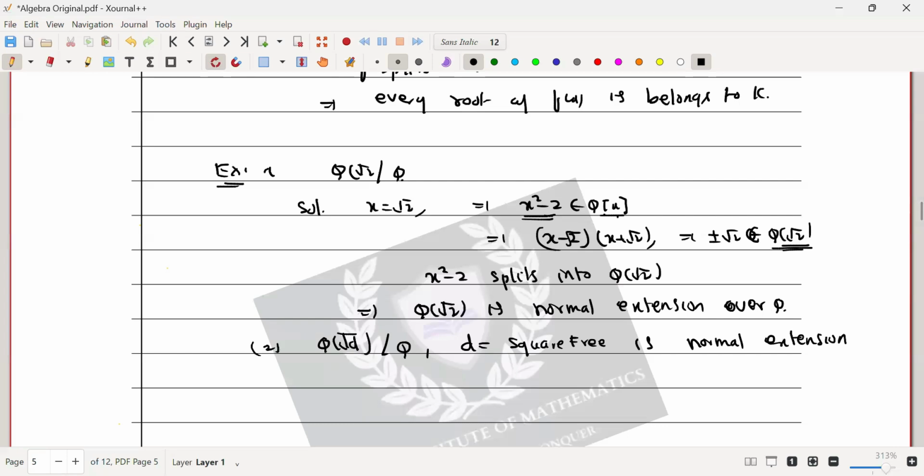Substitute d equal to 2, 3, 5, 6, 7, 9, 10, 11, etc.